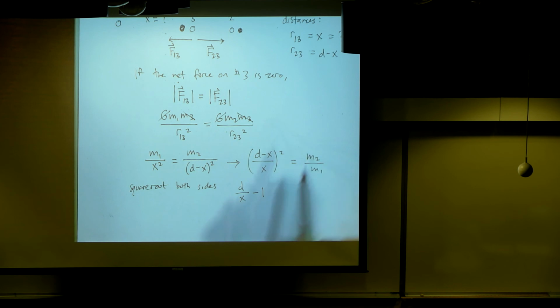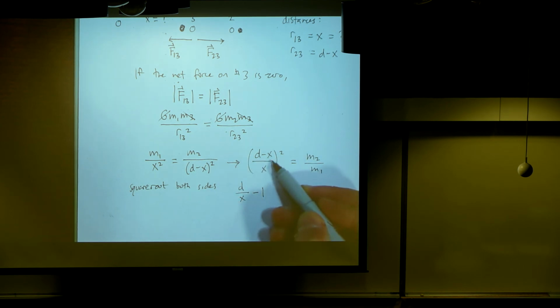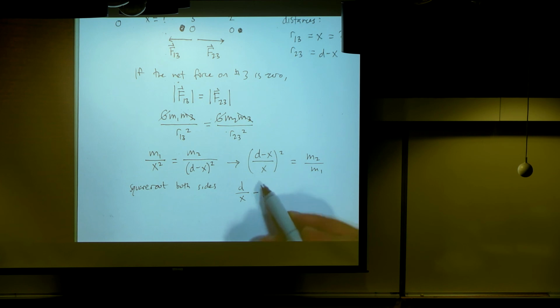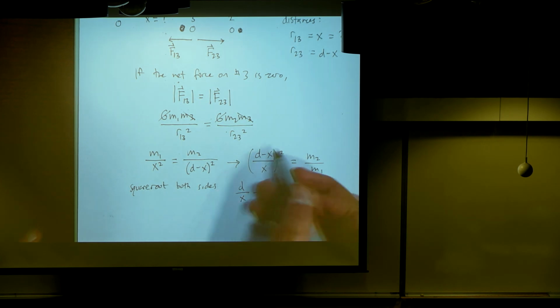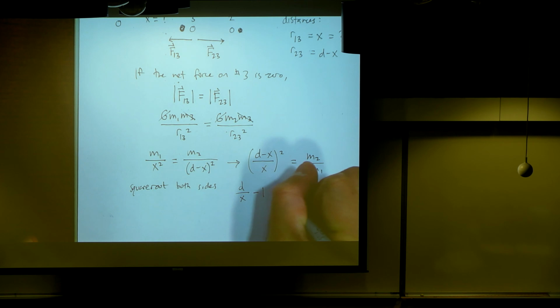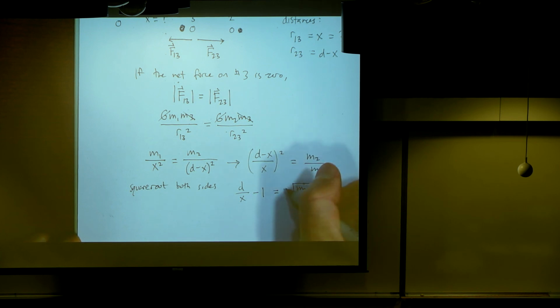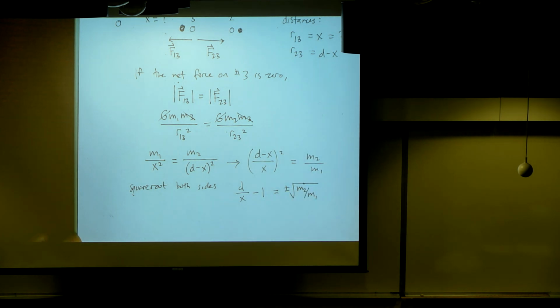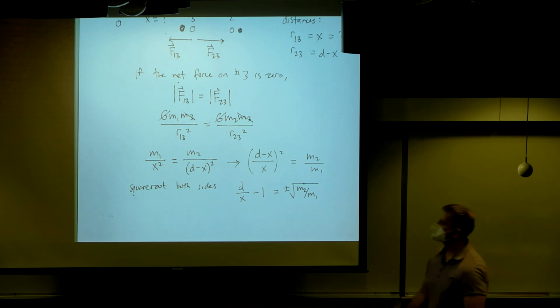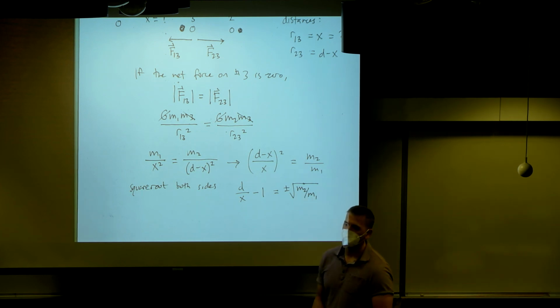See how I can write this as d divided by x minus x divided by x? x divided by x is just 1. So that's what I'm doing. And I square rooted both sides, so I got rid of the square. So on the other side, I'm going to have square root m2 over m1. But I have to be a little careful. Whenever I take a square root, I have to remember there's a positive and potentially a negative root to think about. So I'll just say plus or minus right there.